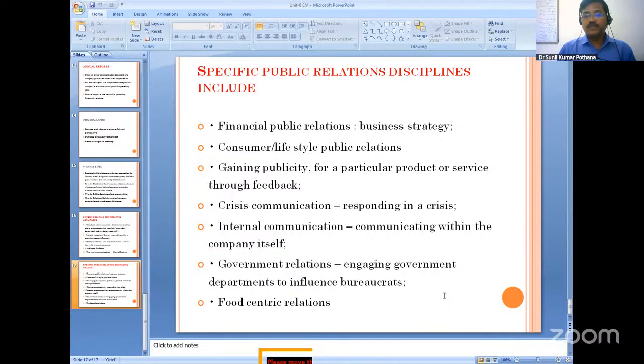And sometimes public relations officers need to maintain public affairs. You need to contact the opinion leaders, you need to contact the experts. There is a particular group of people who manage all these works, but even so public relations officers also need to coordinate with them.